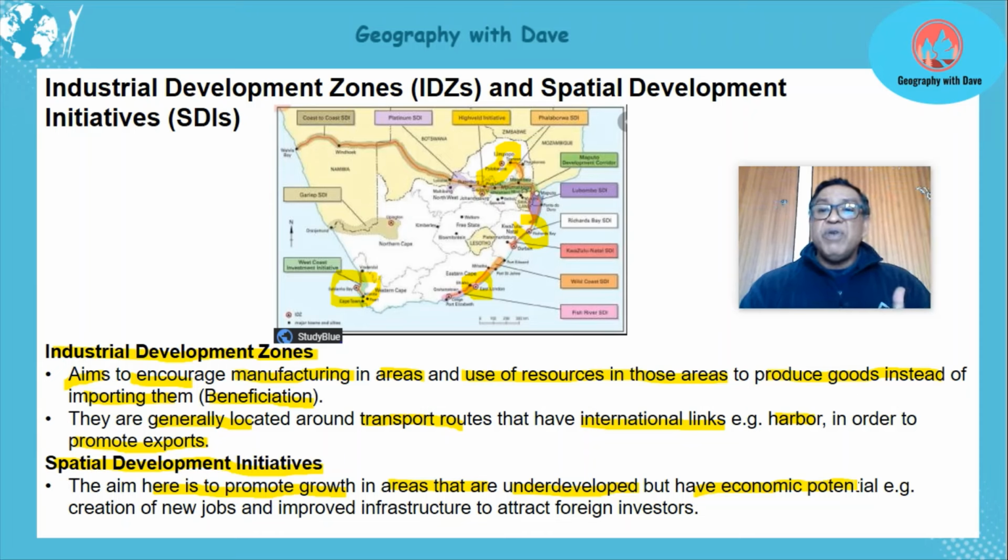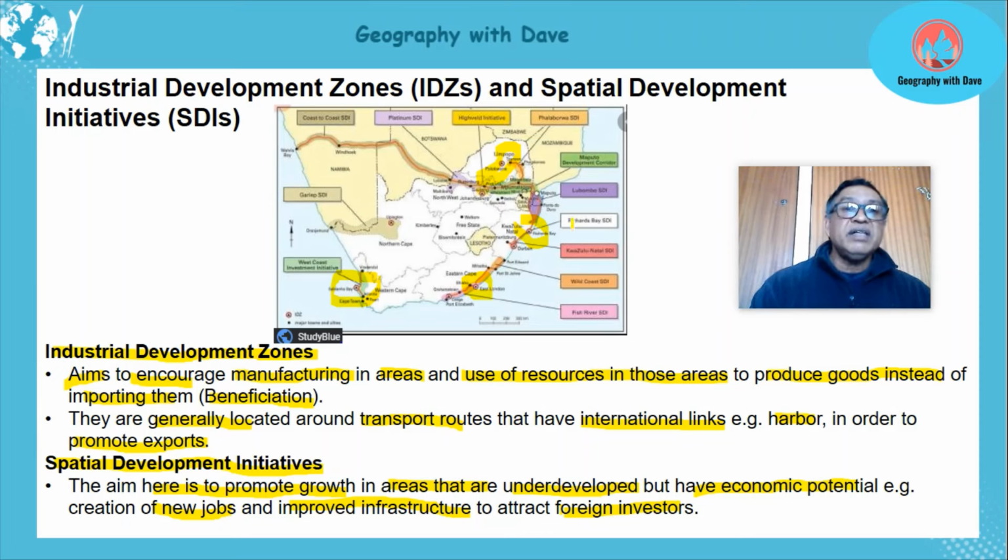We can use them with a big aim to create new jobs for the people and improve infrastructure, improving the transport networks, so that we can attract foreign investors and investors in general.